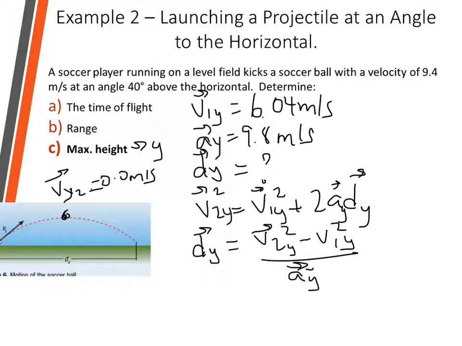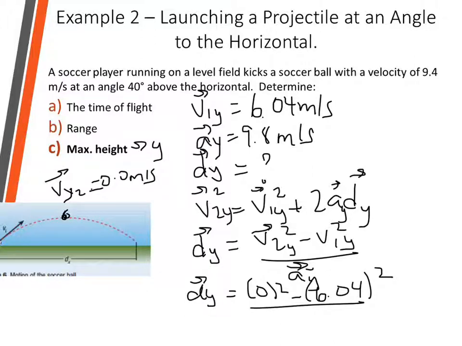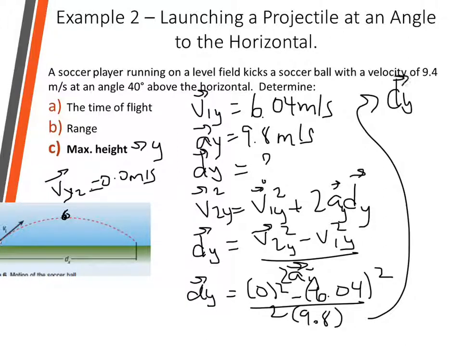So that's our rearranged formula. So dy equals, so we're going to have 0 squared minus 6.04 squared all over 2 times 9.8. Sorry, I'm running out of space. So our dy rounded to 2 significant digits is 1.9 meters. And again, that's up.